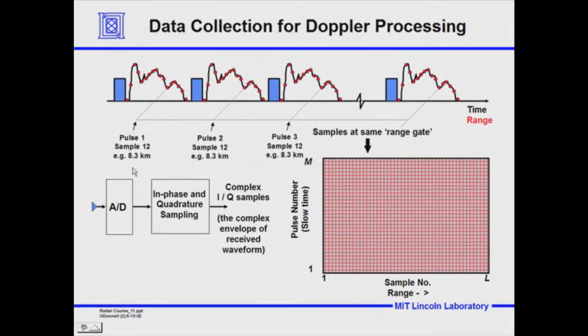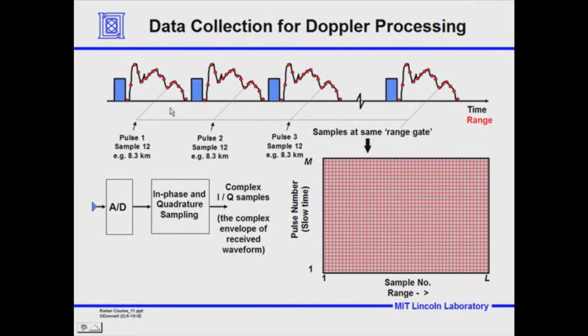Let's look upstairs now at what's going on physically. We send a pulse out, and we listen and sample, listen and sample, listen and sample later. And for each of these times after the pulse went out, we wait in time, and each one of these corresponds to a greater delay after the pulse was transmitted, and if we get an echo back from the target, it corresponds to a further range.